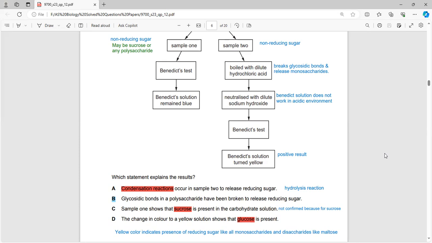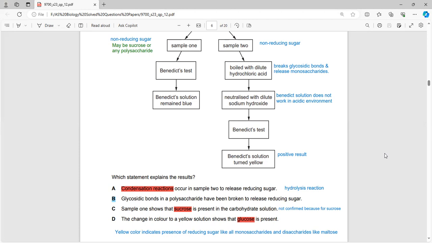And option D: there's a change in the color to yellow, which shows that glucose is present. Fine, if the solution turns yellow, that shows a reducing sugar is present, but it's not confirmed that it is only glucose, because many monosaccharides, for example glucose, galactose, mannose and fructose, also give results with Benedict's solution.